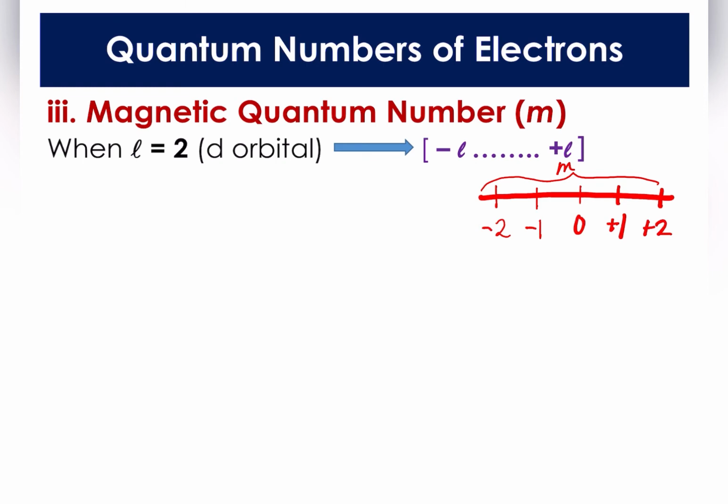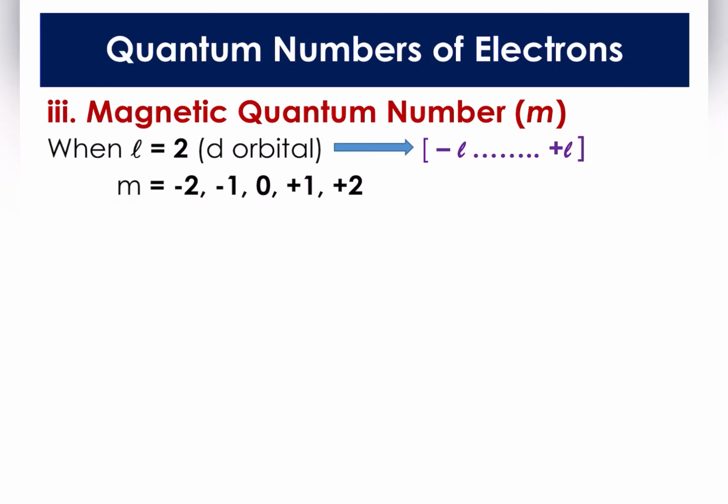So, how many of them? There will be 5 of them. So, bila saya nak write as my answer, how to write the M value, saya akan tulis sebagai M equals to negative 2, negative 1, 0, positive 1, positive 2. So, itu cara untuk saya tentukan nilai M daripada L equals to 2.